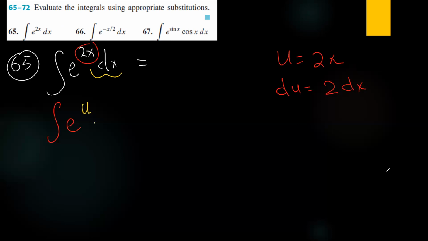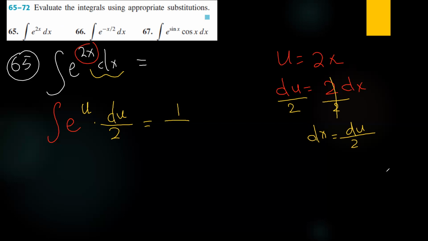But here, what do we have? We have dx. I cannot keep it as dx. I have to write it as du. So dx will be du over 2. So instead of dx, I write du over 2. So I have it now as half the integration of e to the power u du.